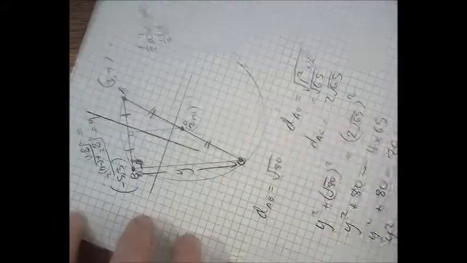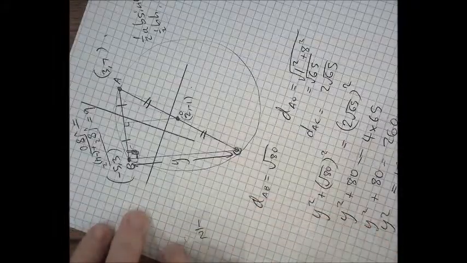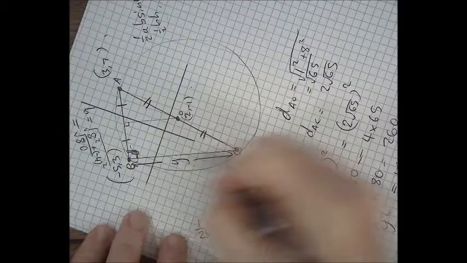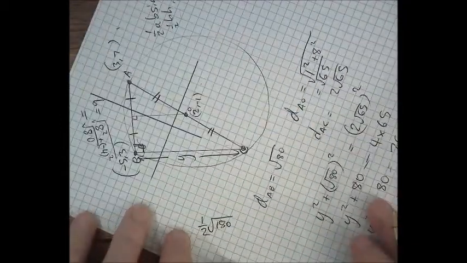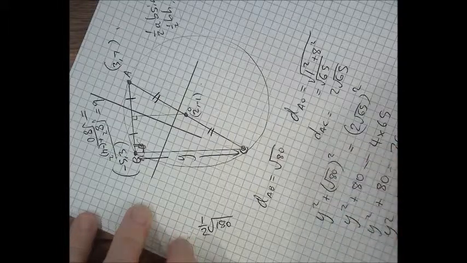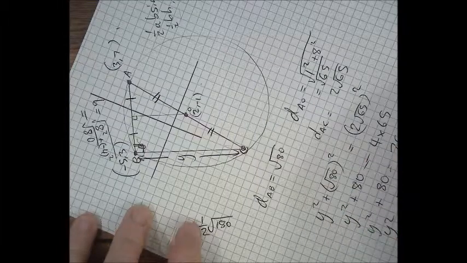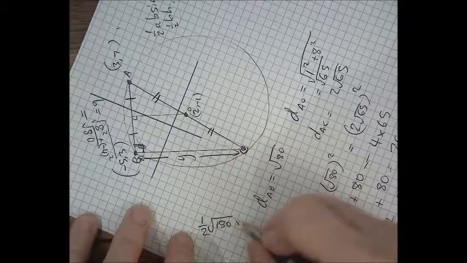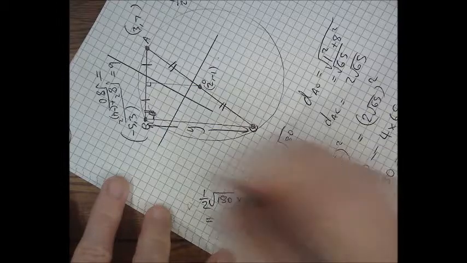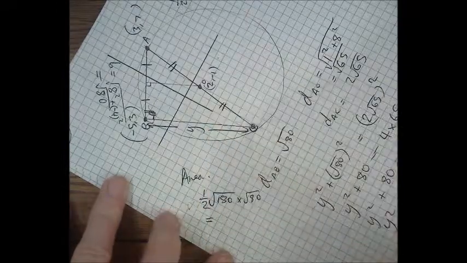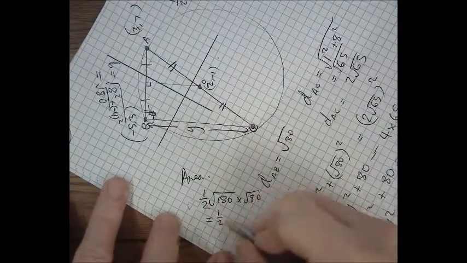Okay, so the area of the triangle is half the base, which for me now is root 180, the only reason for that is so I didn't have to turn the page as much, times the square root of 80. Now this definitely should be simplified. This is the area, half.